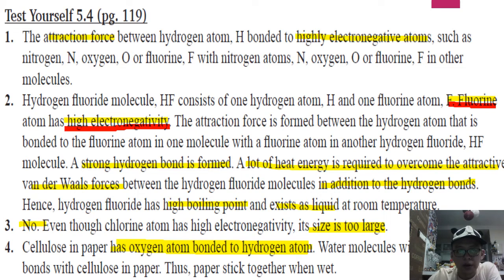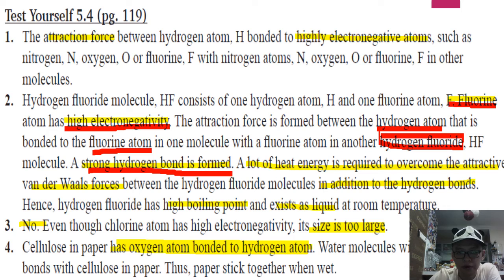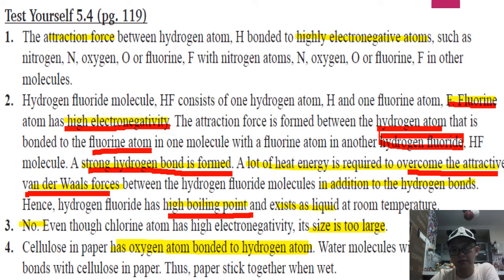So the attraction force between the hydrogen atom and the fluorine atom will cause hydrogen fluoride to form strong hydrogen bonds. So we need more heat energy to overcome the attractive force. As a result, the boiling point will be increased. So the hydrogen fluoride will be a liquid at room temperature, but not a gas.